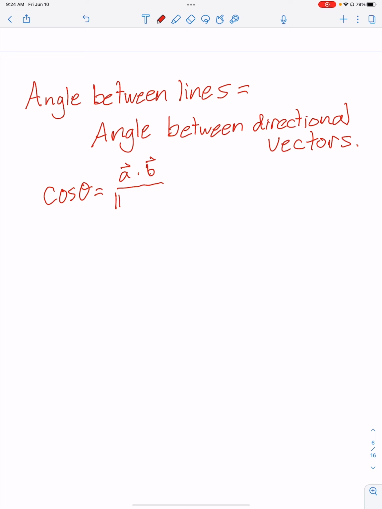I'll start working on getting my handwriting better on this iPad. So using what we have, cosine of theta is equal to V1 dotted with V2, and then my magnitudes on the bottom.